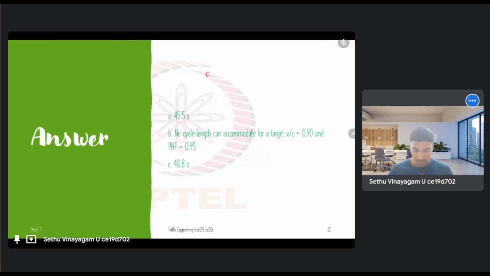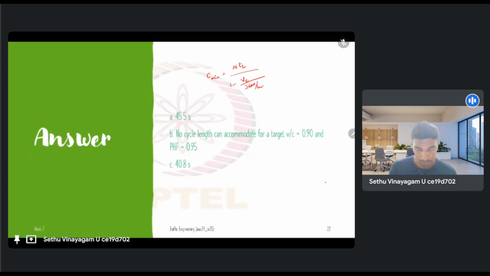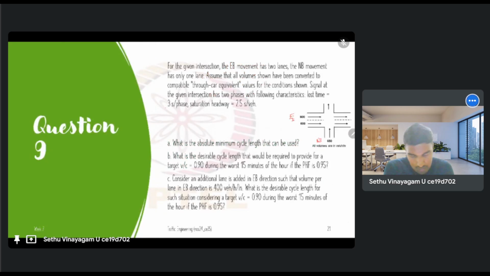So that is given by N times TL divided by 1 minus the critical volume divided by the saturation flow rate. Okay, so here TL is your lost time, which is 3 seconds per phase.